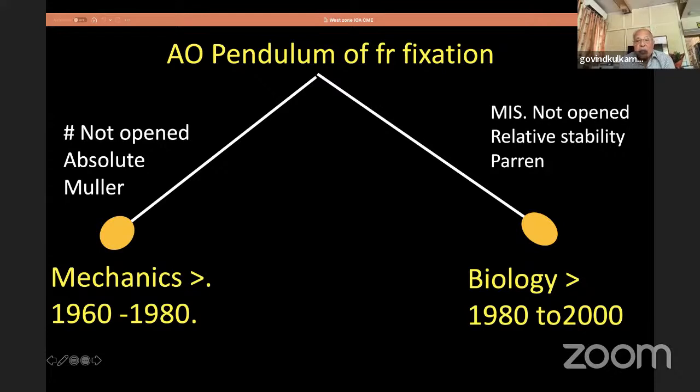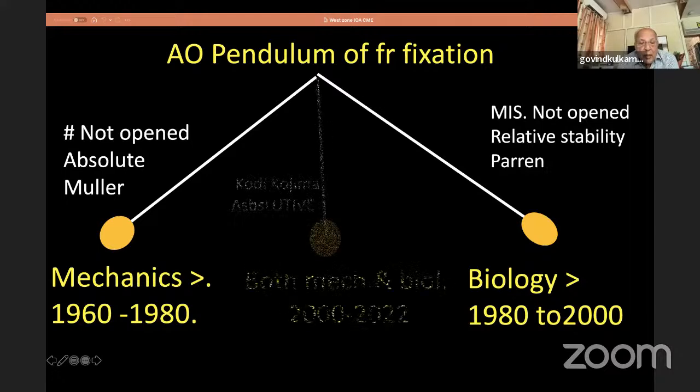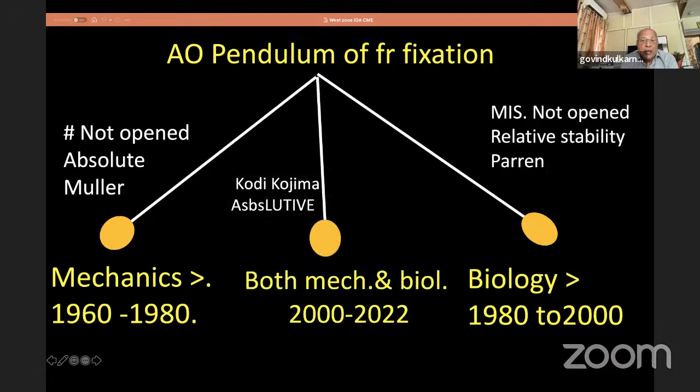Minimally invasive surgery was introduced. The fracture was not opened, and it was relative stability. Perren and others were the chief persons who proposed this. However, during the last 2 decades, many workers have felt that both biology and mechanics are equally important.